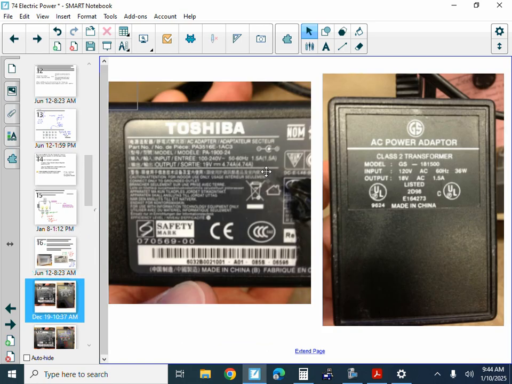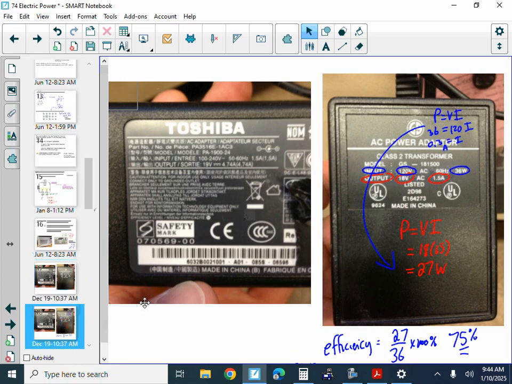Right? So this is just a power adapter from a laptop, and it says in there 120 volts, and it's using 36 watts for the input of it. And then even the output has 18 volts and 1.5 amps. So the wattage it's putting out isn't given, and the amperage it's drawing isn't given, but you can calculate both of those things.